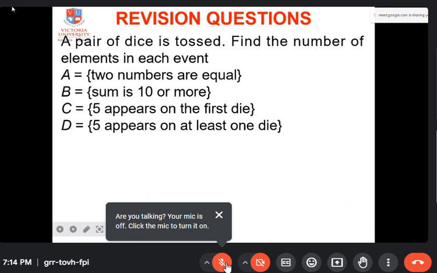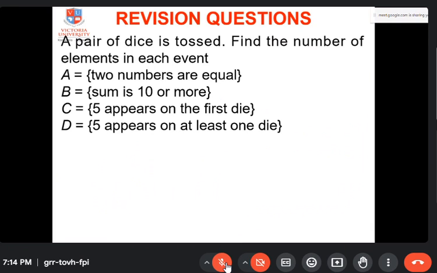We have 5, 6. We have 5, 5. We can have 6, 6. Yeah, I think there are only 4 pairs.